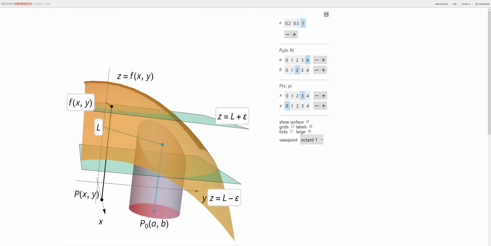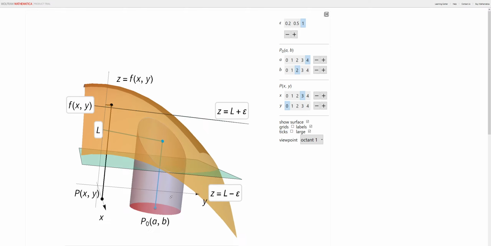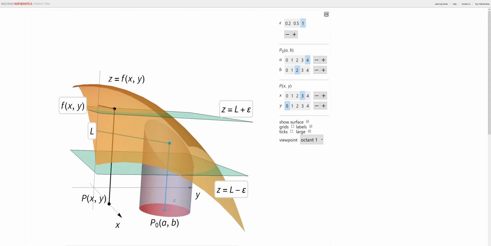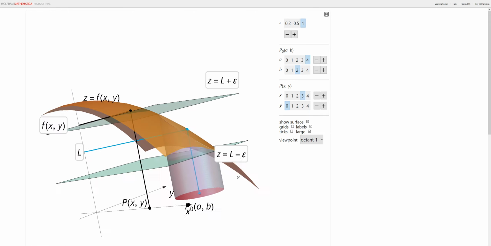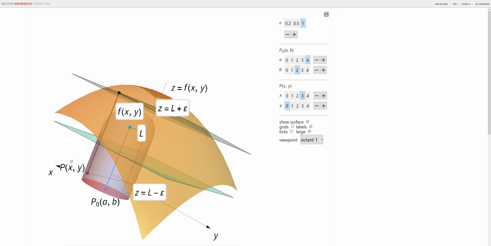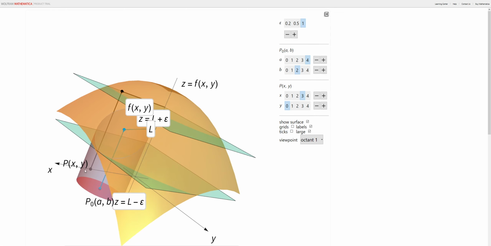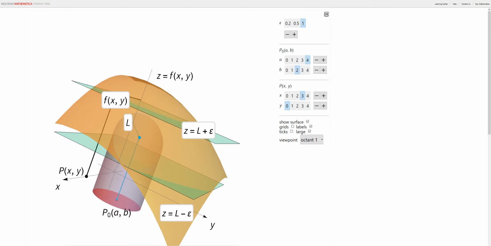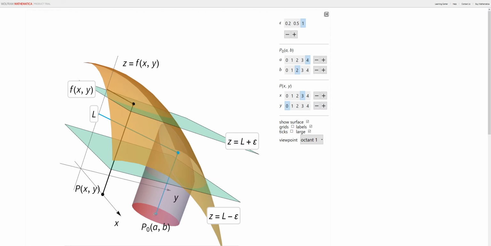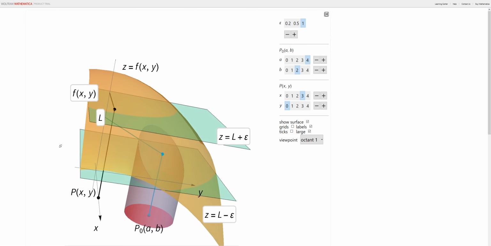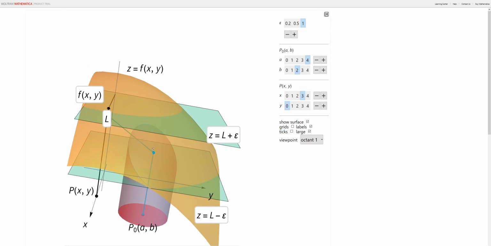So I need to make this little disk down here, the distance from this fixed point, small enough so that all the function values are between those two green planes that represent L plus epsilon and L minus epsilon. Right? So if I select this disk around P naught, all the function values that correspond to that fall between L plus epsilon and L minus epsilon.